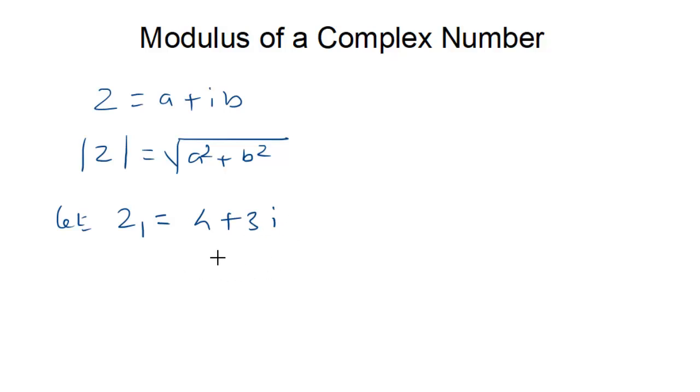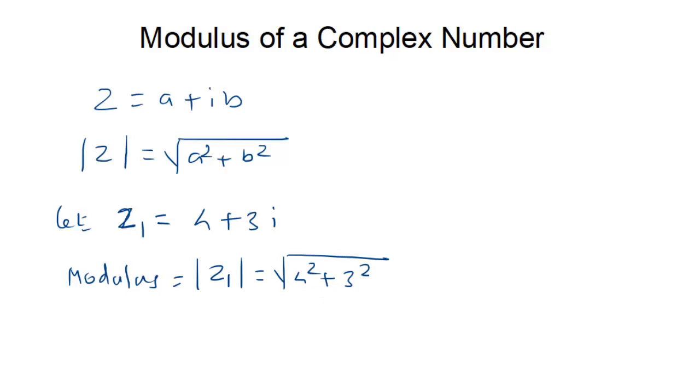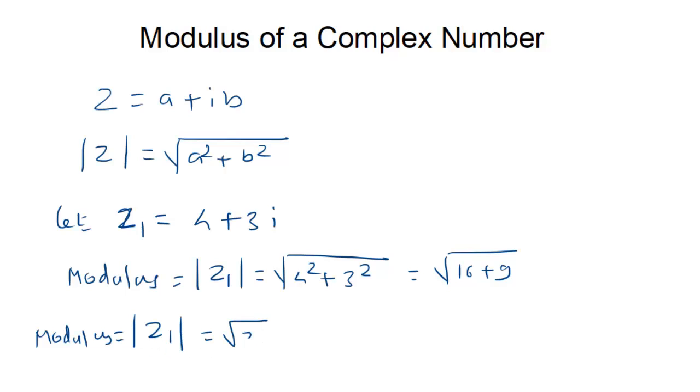So its modulus will be mod of z1, and it will be equal to under root of 4 square plus 3 square, the square of the real part and the square of the imaginary part. So it is 16 plus 9, and mod of z1 will be equal to under root of 25, but the answer will be 5, the positive 5.